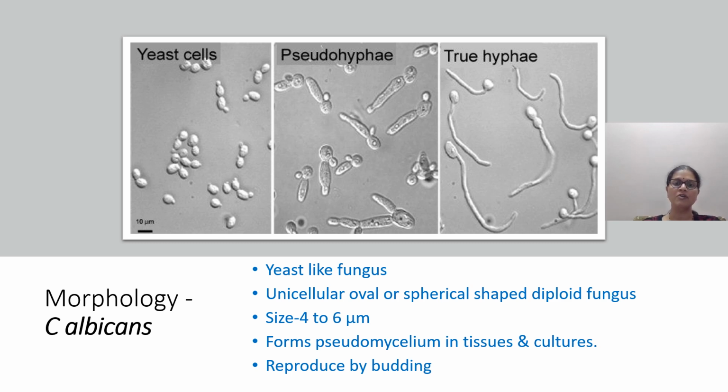In unicellular forms, they are oval or spherical shaped diploid fungus having a size of around 4 to 6 micrometer, and they reproduce by budding. Whereas in hyphal form, they can either form pseudohyphae or true hyphae.